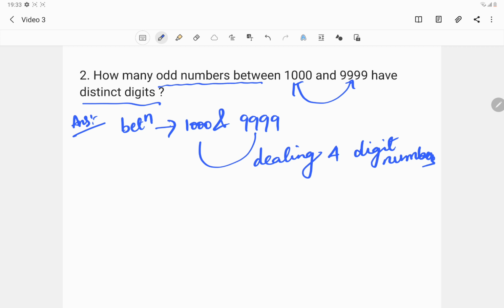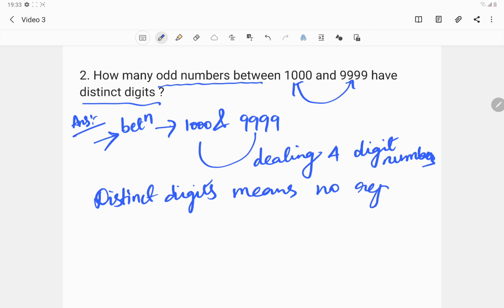Distinct digits means no repetition. Once a digit is used, there won't be any repetition of that digit.